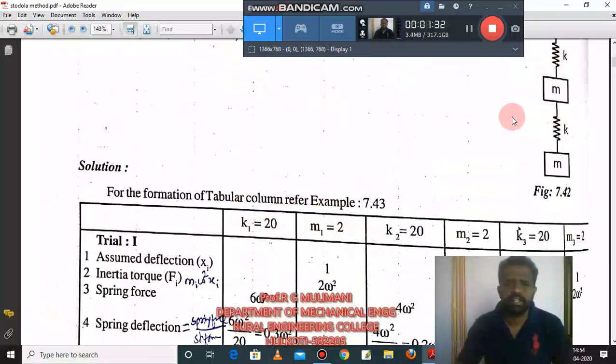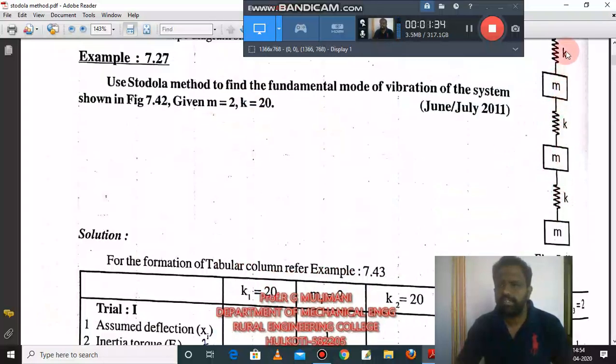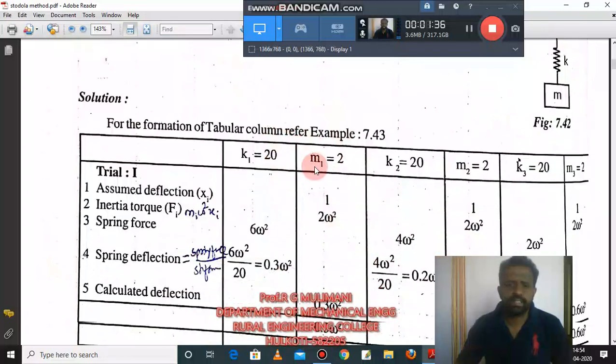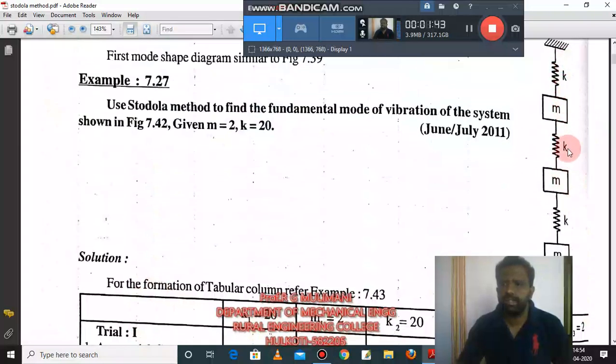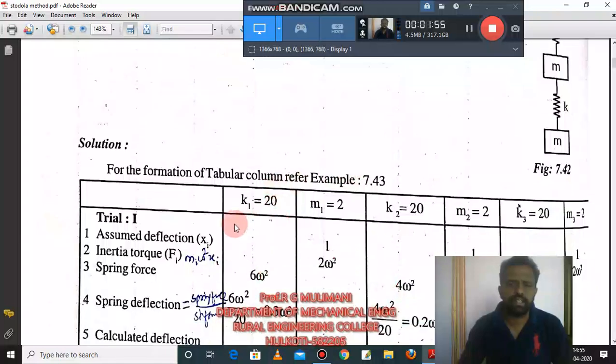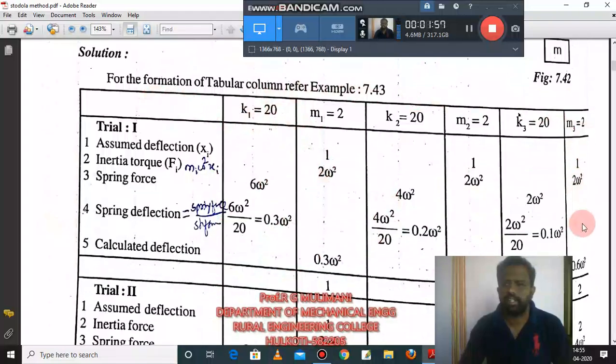For each mass and each spring we create a column here, and one more column to write the particulars. So for 3 springs and 3 masses, a total of 6 elements are there: spring 1, mass 1, spring 2, mass 2, spring 3, mass 3. 6 plus 1, we need to create 7 columns here.